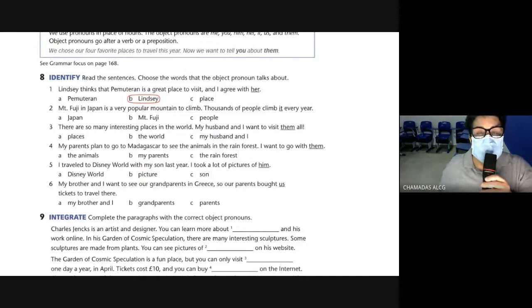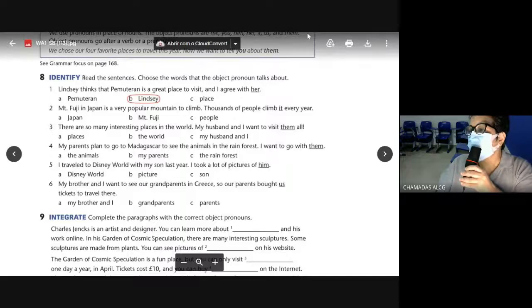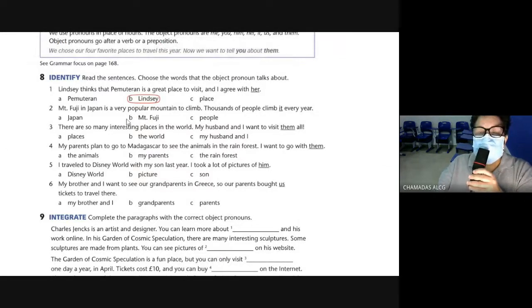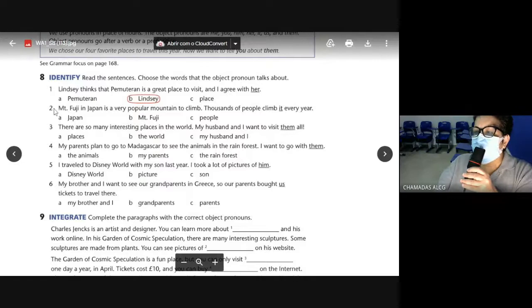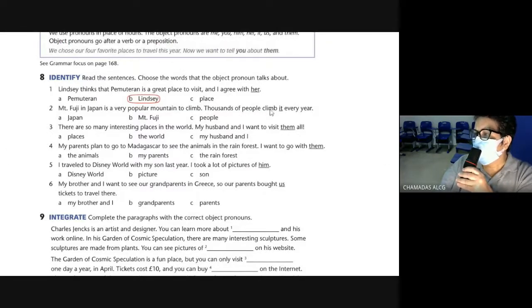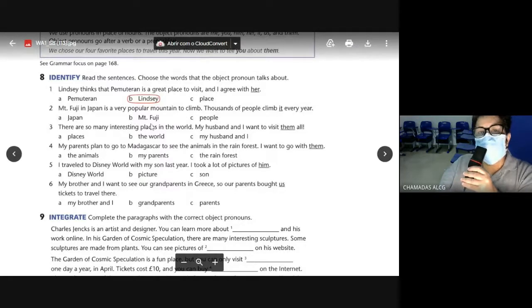We climb mountains, okay? We climb rocks. We climb Mount Fuji. All right, so the right answer is letter B. Okay, so number 2, thousands of people climb Mount Fuji.